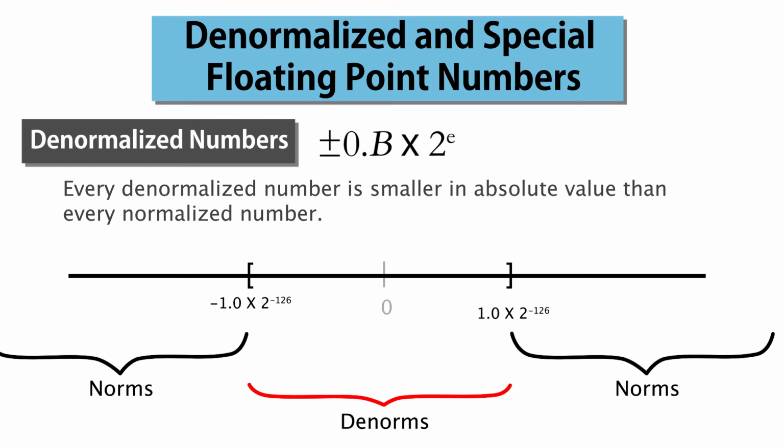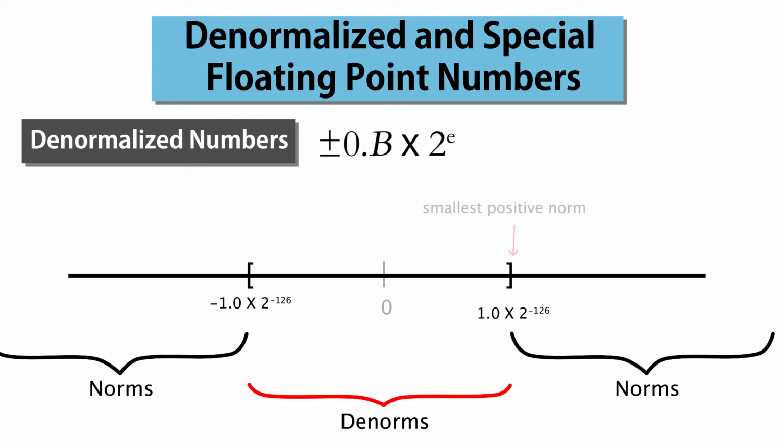The smallest positive 32-bit normalized number is 1.0 times 2 to the minus 126. And the largest negative 32-bit normalized number is just the negation of that, namely minus 1.0 times 2 to the minus 126. Those are some pretty small numbers, so you can see that the denorms must be tiny indeed. All 32-bit denorms have the form plus or minus 0.b times 2 to the minus 126, where b is a bit string of length 23.